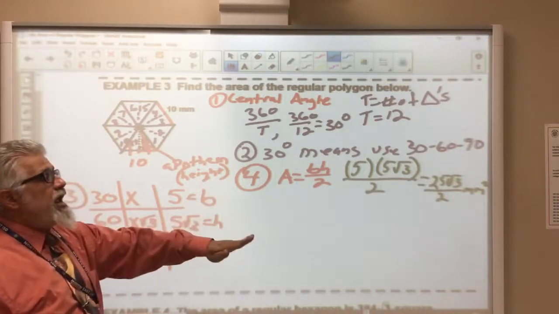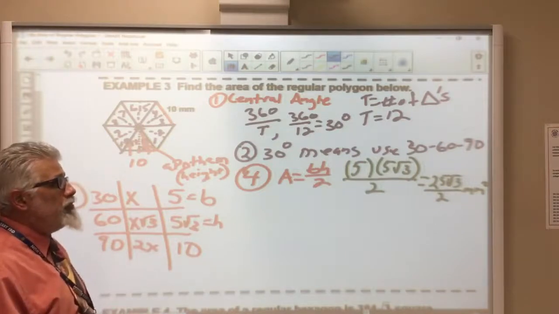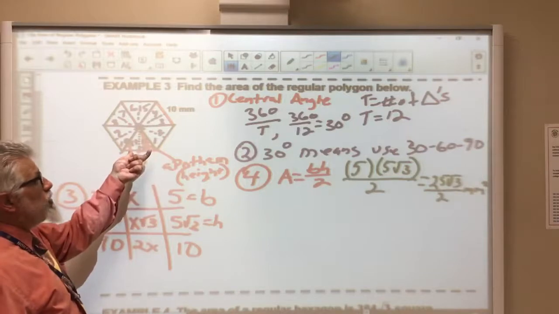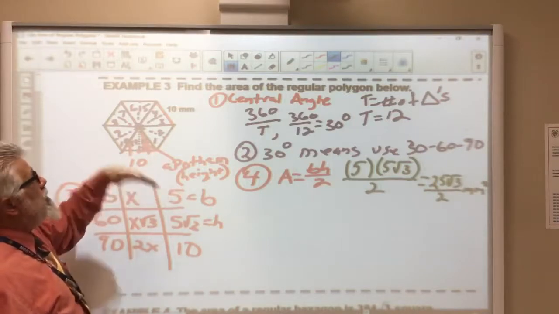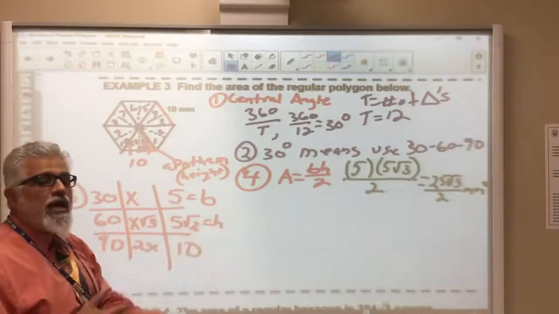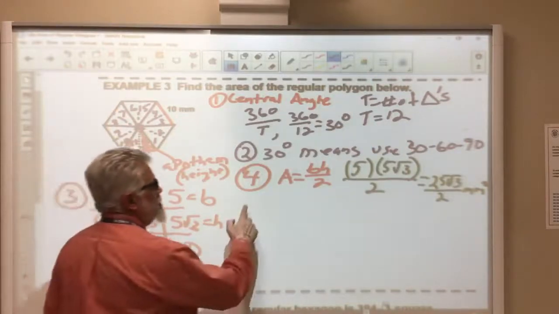Now, I did this in my head. If you use your calculator, you will get a decimal. Just make sure you match it up. Now, once I get the area of that small triangle, I'm going to go ahead and multiply that by the number of triangles, which is 12, and I'll get the area for the hexagon.